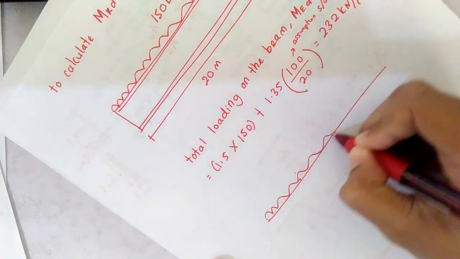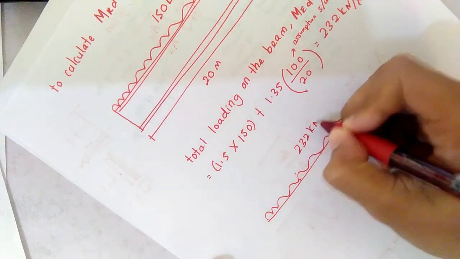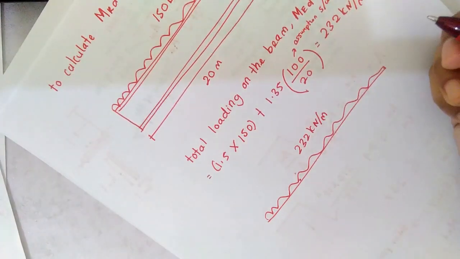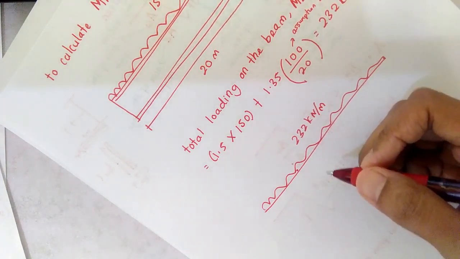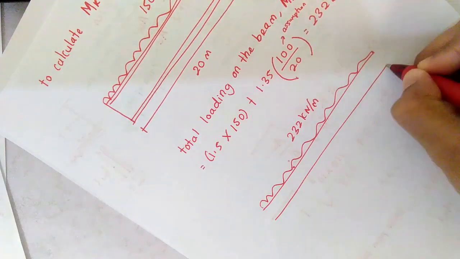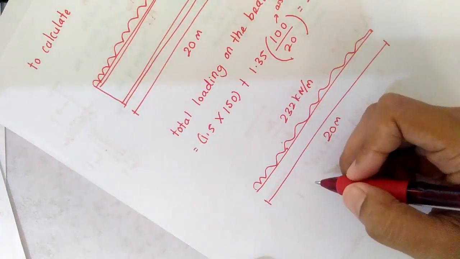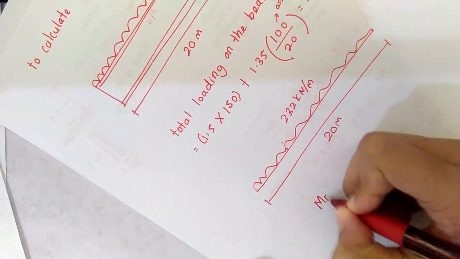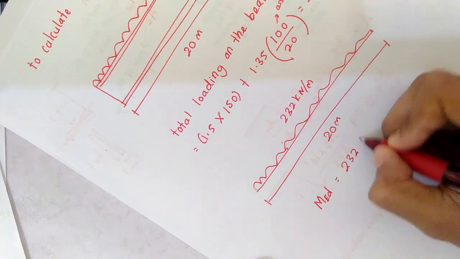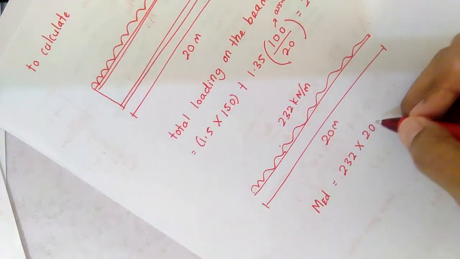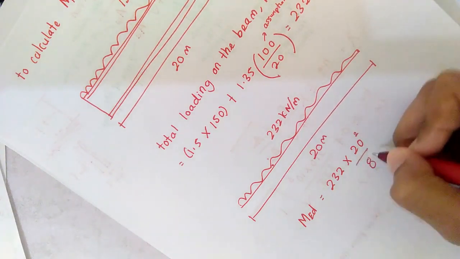For a UDL load of 232 kilonewton per meter, with the span length of 20 meter, you get MED equivalent to 232 times 20 over 8, isn't it?